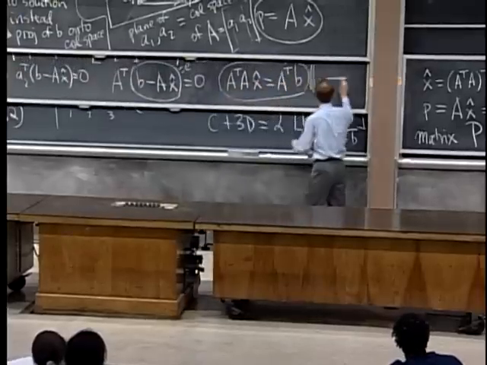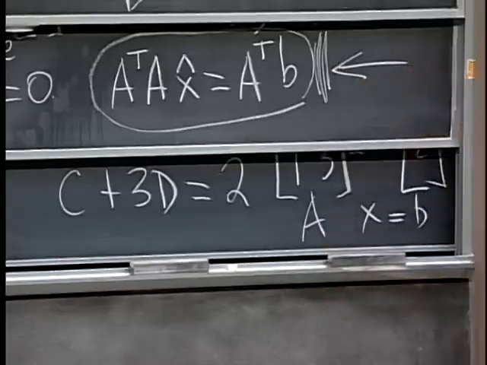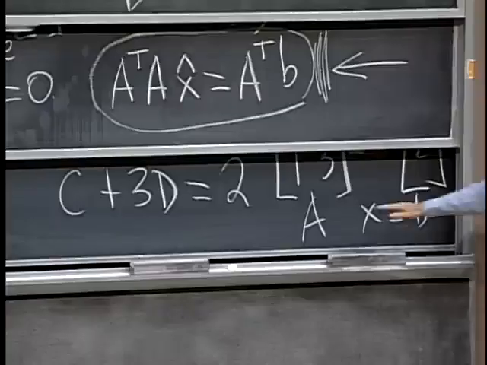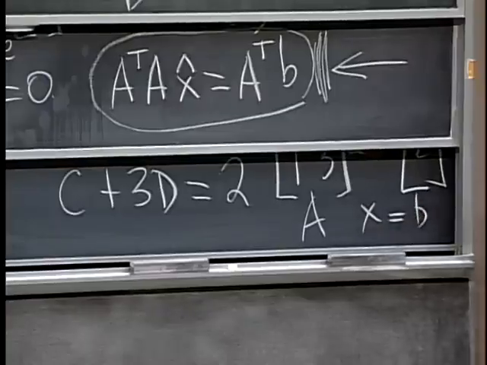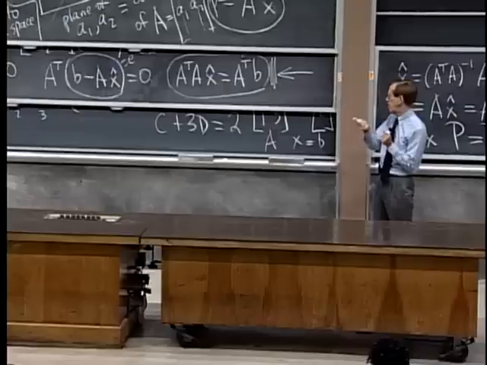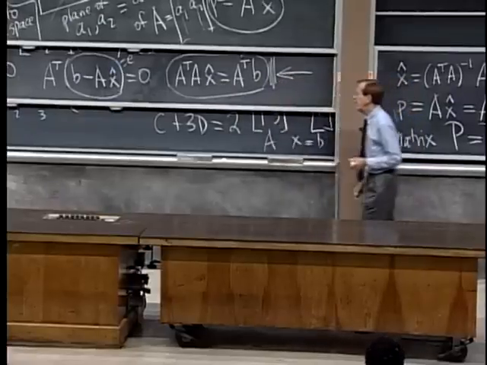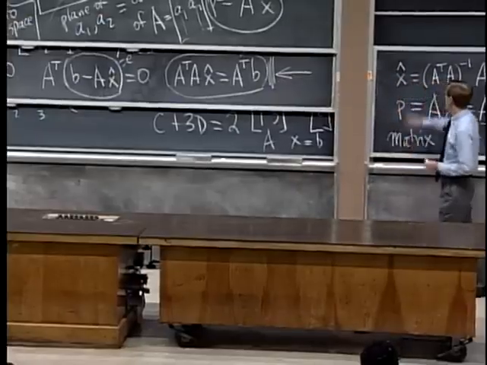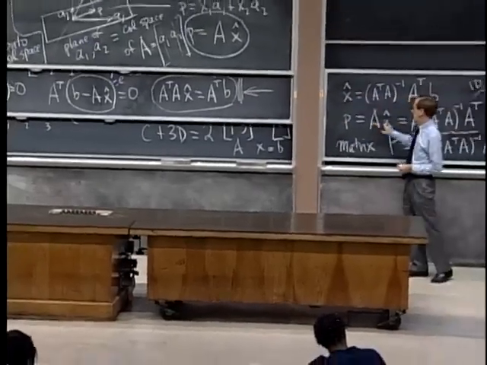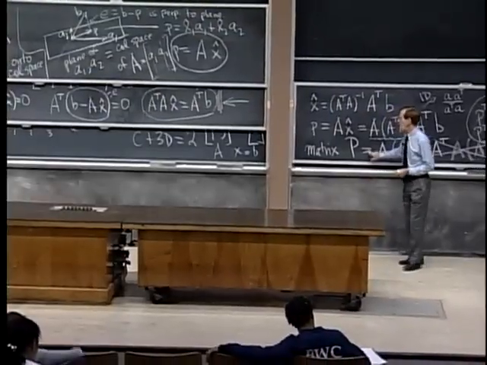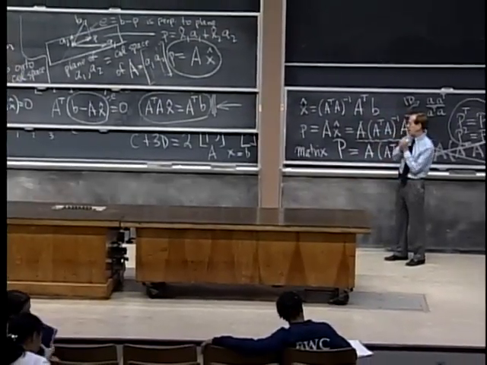So that's the equation to solve. That's the central equation of the subject. I can't solve Ax equal b, but magically, when I multiply both sides by A transpose, I get an equation that I can solve, and its solution gives me x, the best projection, and I discover what's the matrix that's behind it.